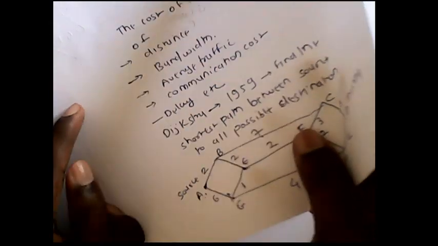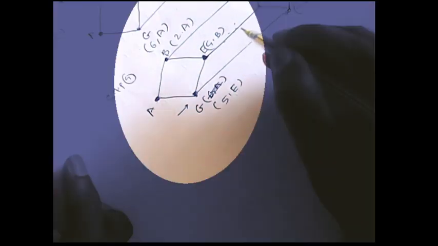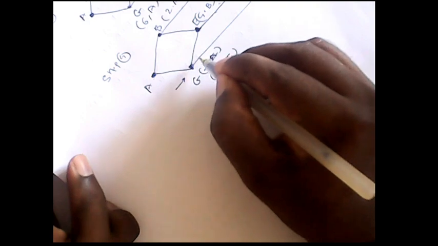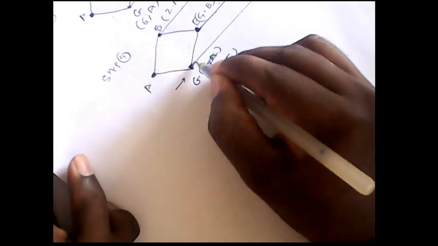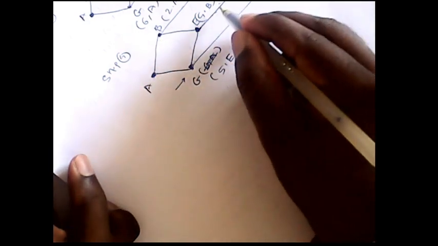So the next working node from E is F, because this cost from A to B, B to C is 9, but from this here it is 8. So we can make a new working node in step 5.